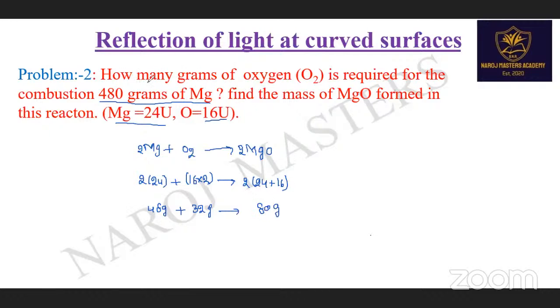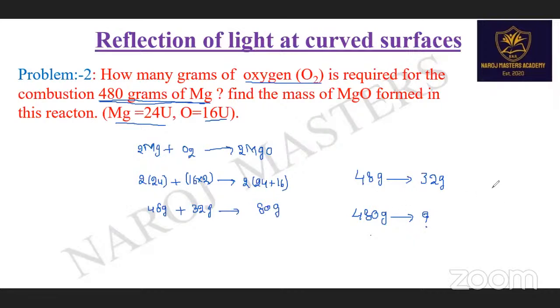What is asked in the question: how many grams of oxygen are required for the combustion of 480 grams of Mg? Basically, for 48 grams of Mg, 32 grams of oxygen is required. So for 480 grams of Mg, how much oxygen is required?